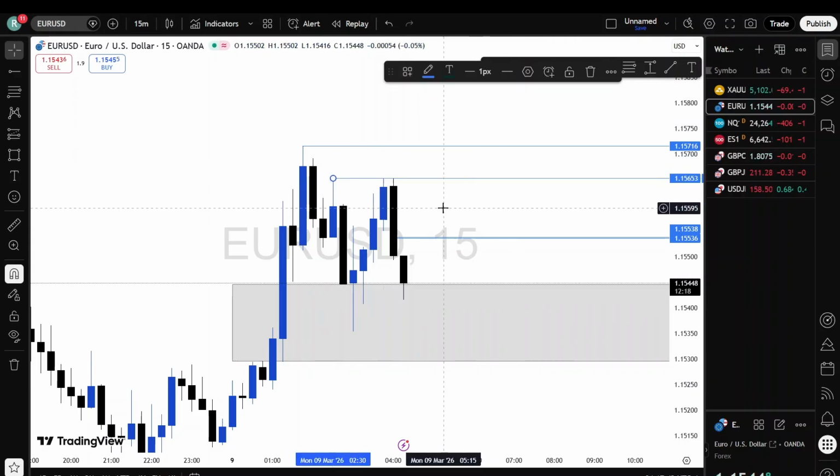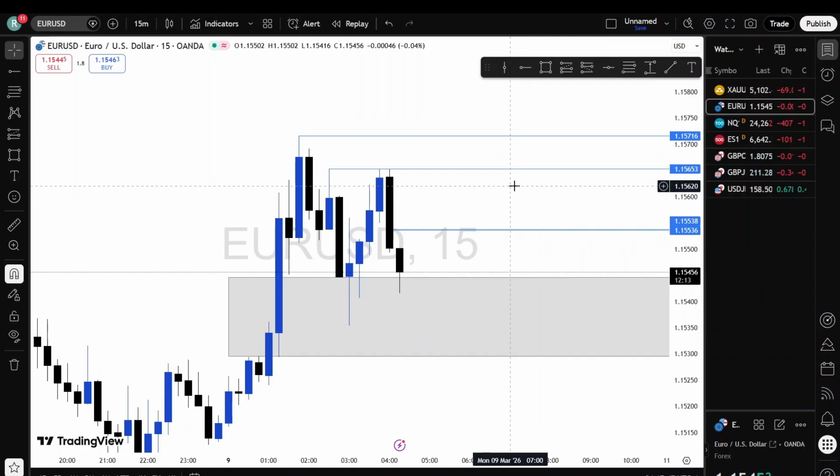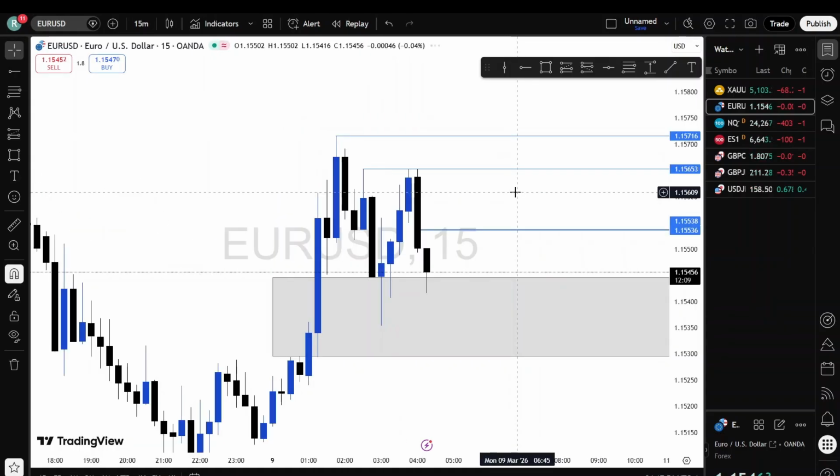Here, this liquidity also has been created. Now, I think 15 minutes will also create the FVG, but this selling FVG in 15 minutes won't be changing my bias, okay? Because my bias is according to the 1 hour time frame.